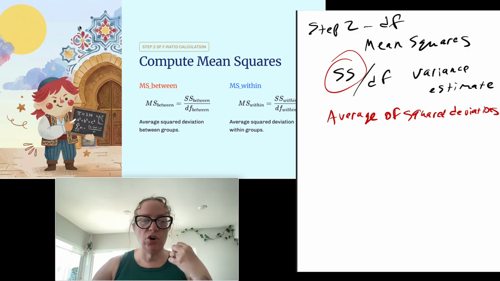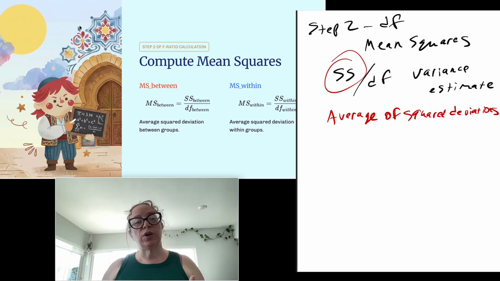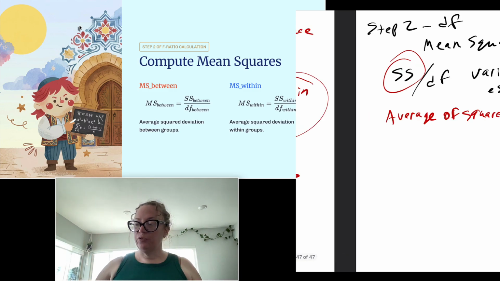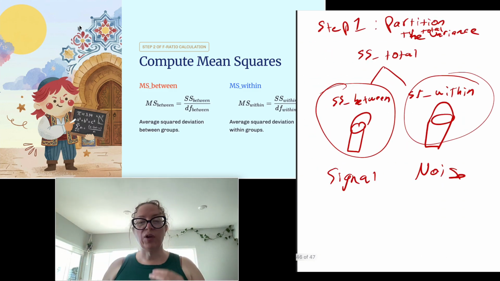So in ANOVA, there's two main squares that we look at, which won't surprise you, the mean squares between and the mean squares within. We want to find out what's the average variation of each bucket. We're just figuring out what's the average in the buckets. We've got our two buckets. How much is within them on average?